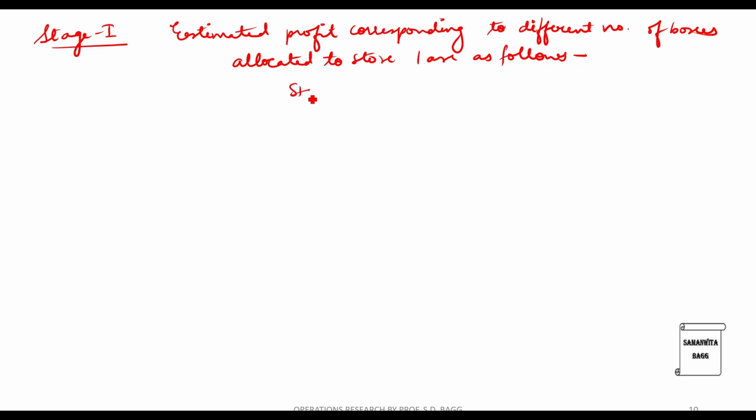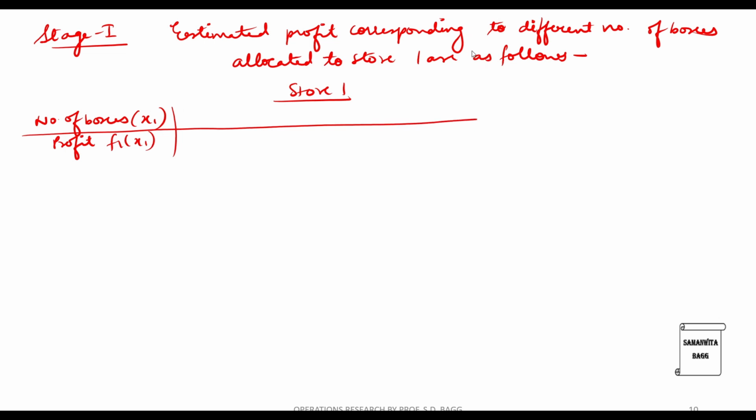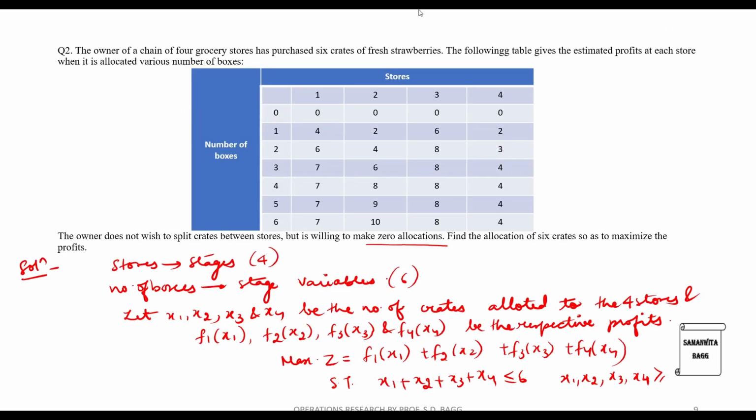So I'll write down store 1, for which I am writing the number of boxes, that is x1, and profit is f1 x1. Now I'll get this data from here. As you can see, the number of boxes is given here for store 1.